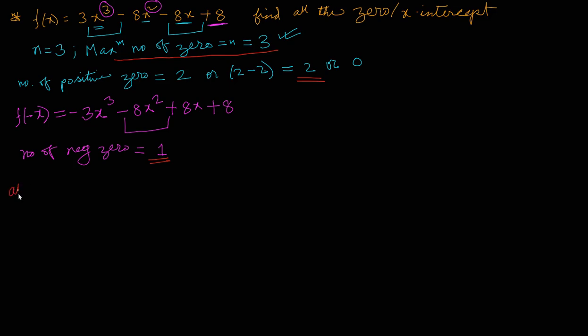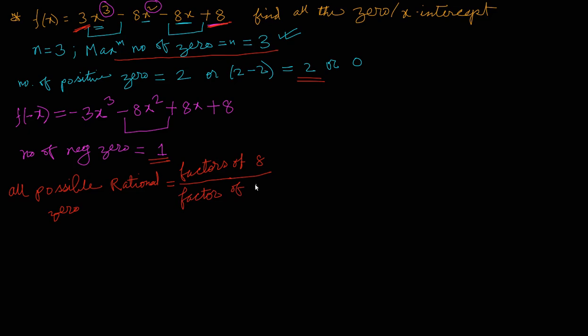So let's write down all possible rational zeros, which equals p over q. What is p? It is a factor of positive 8, so factors of 8, over factors of 3.